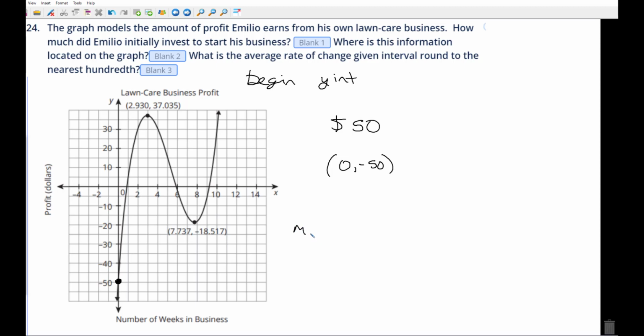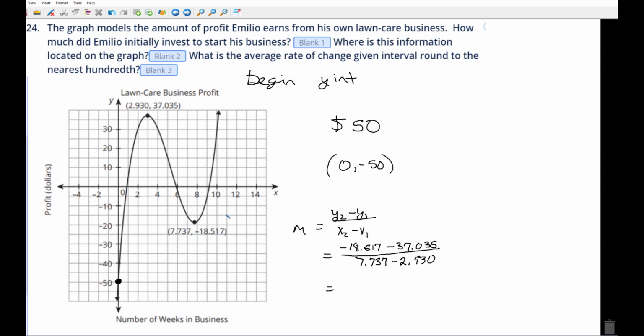And then for our rate of change, we're going to use the same formula as last time: Y2 minus Y1 over X2 minus X1. So Y2 would be -18.517 minus 337.035, all divided by 7.737 minus 2.930.